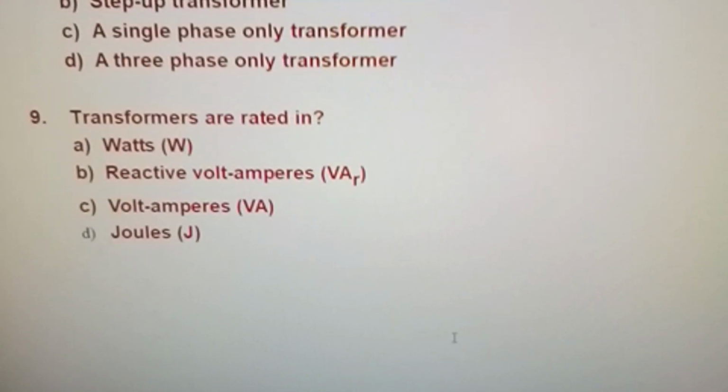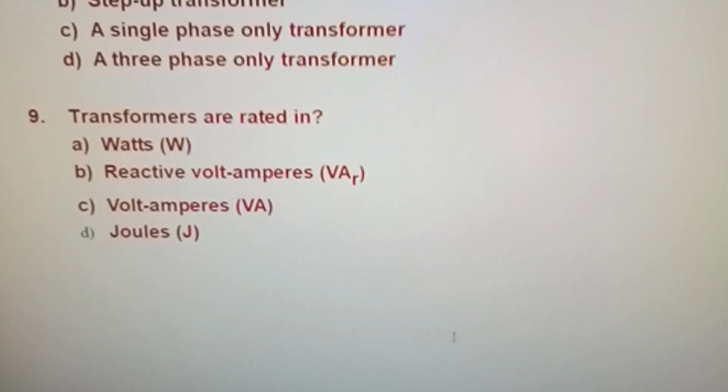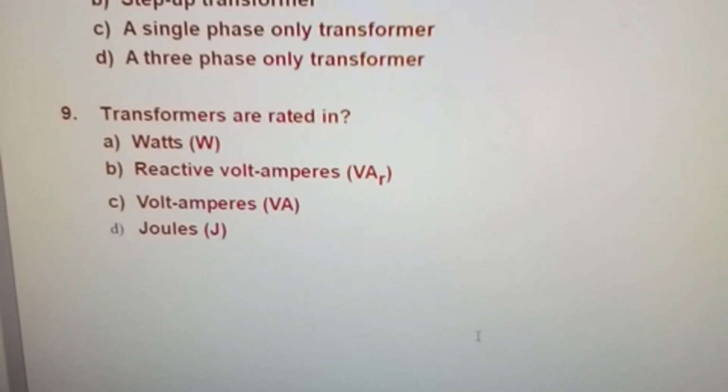Now, if you're looking at a current transformer, you can find out that information as well from the handouts, or you can find it out by research.